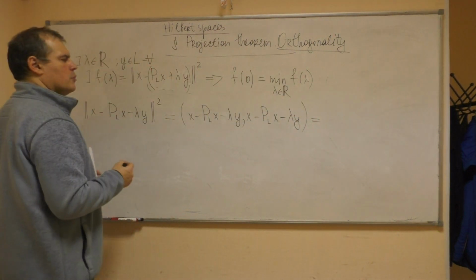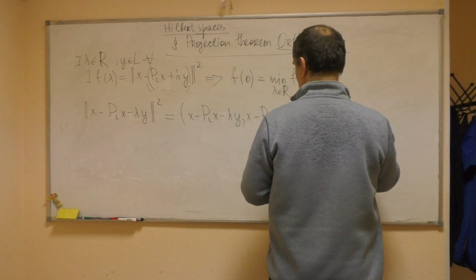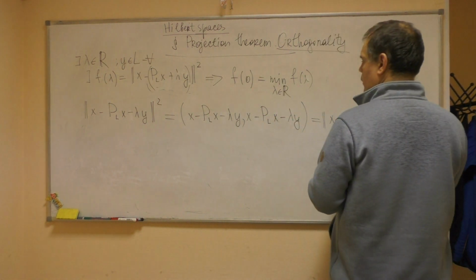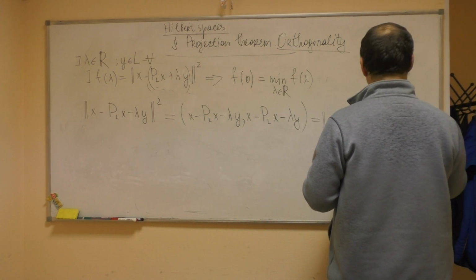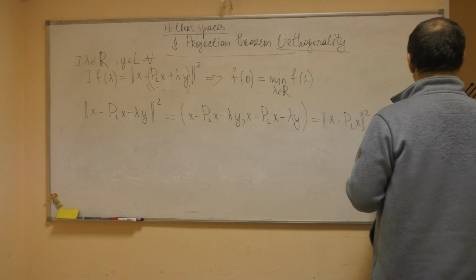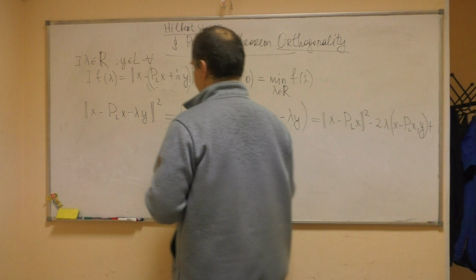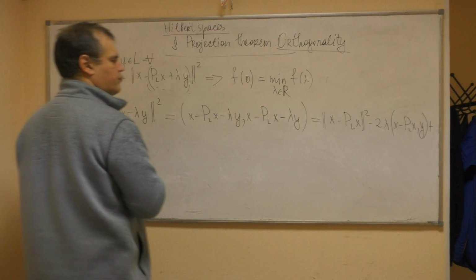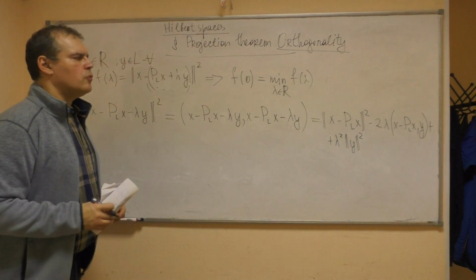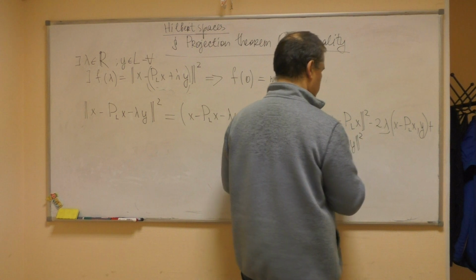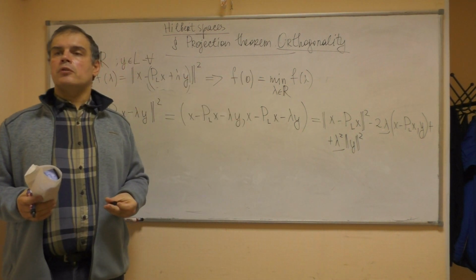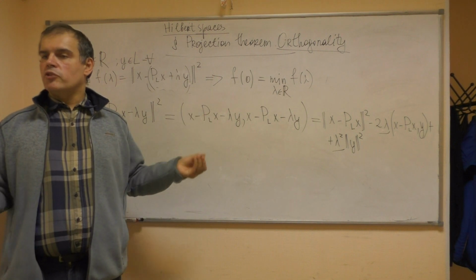Next, using axioms, we can write so we have a quadratic function of lambda, and the minimum of a quadratic function is achieved where the derivative is equal to 0.